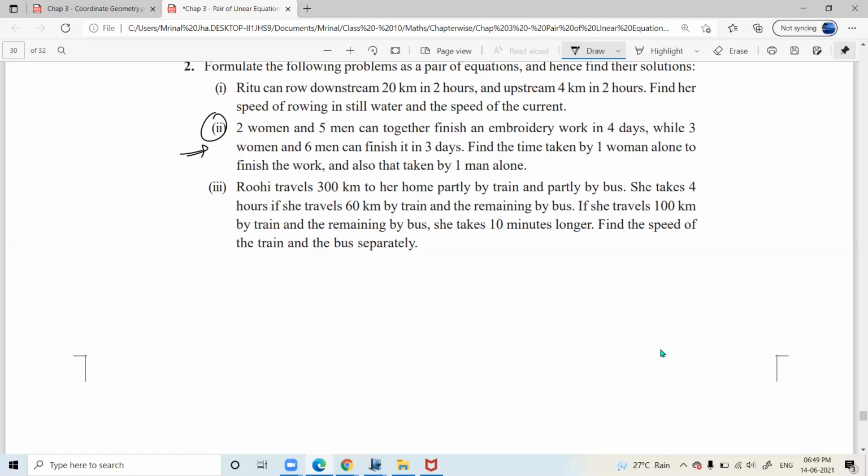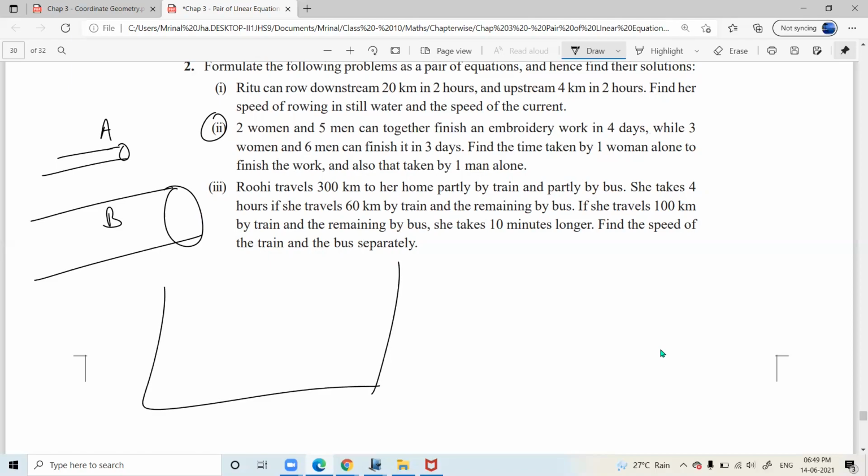Okay, so we will solve this question, but I want you to understand that this type of question will not always be about women or men. It could have been a smaller pipe and a big pipe. Let's say this is pipe A and pipe B, and they are trying to fill some tank. And they will say that these 2 pipes A and B together fill the tank in 9 hours. Or let's say 4 hours.